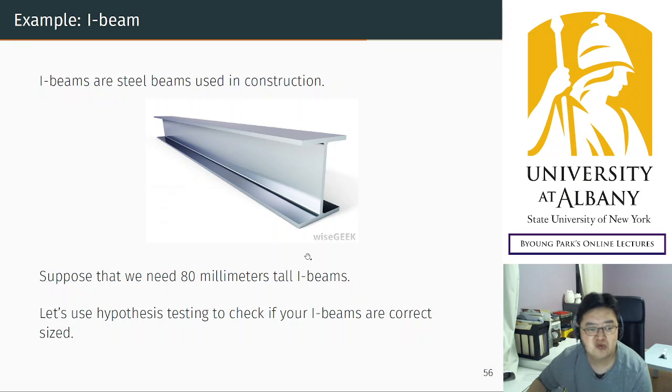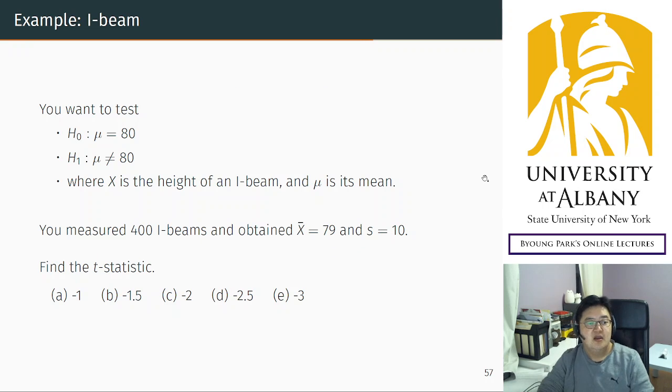So you would like to test if I-beams manufactured by a factory have the correct size or not. That is what we are going to consider in this example. So I set up the hypothesis in this way. The null hypothesis is mu equals 80 millimeters.